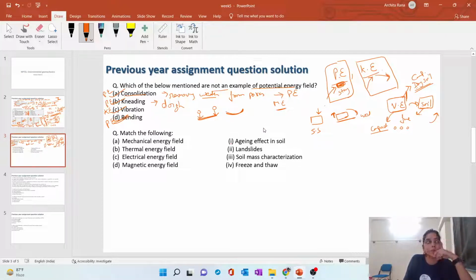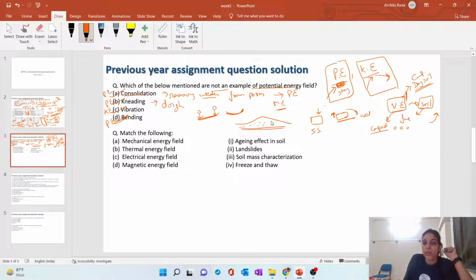Let's say in most of the aquifers, or in oil wells, these are sediments, and a dome-like structure forms, and the oil will start collecting in this structure.